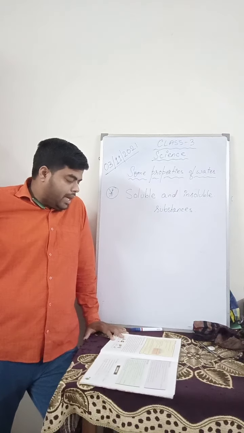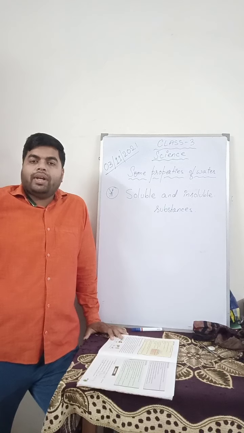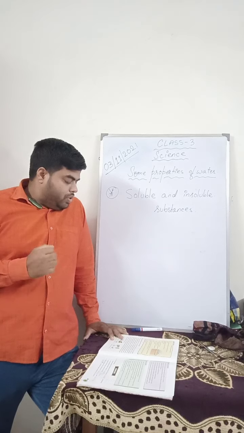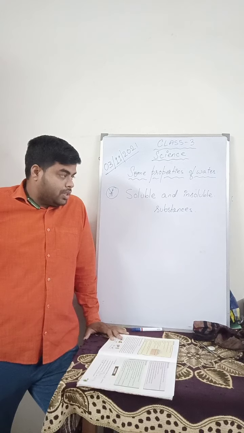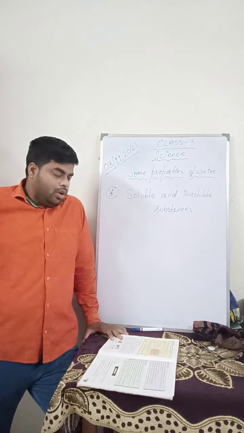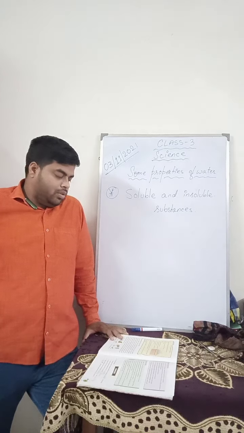See, they have given you one activity on the next page. That means they have given an activity which will make you understand that substances are soluble or insoluble. Aim: to understand which substance is soluble and insoluble in water.